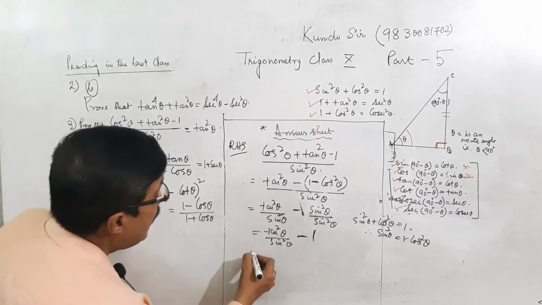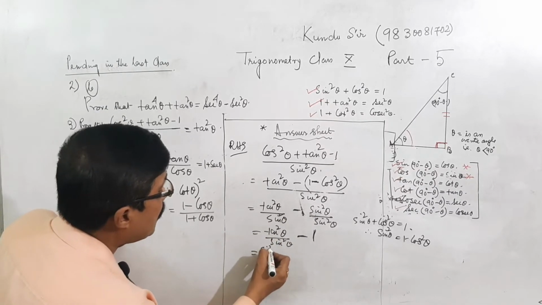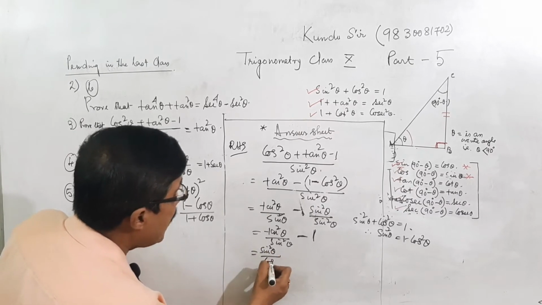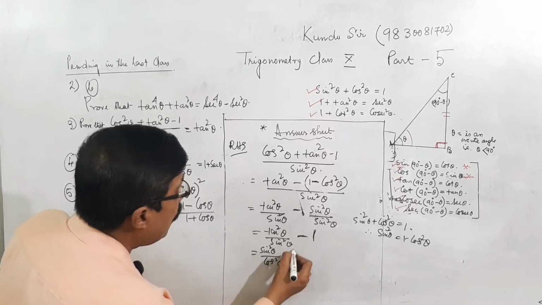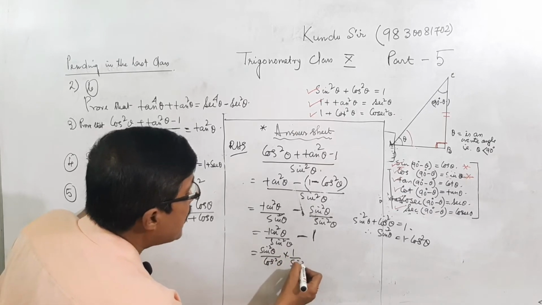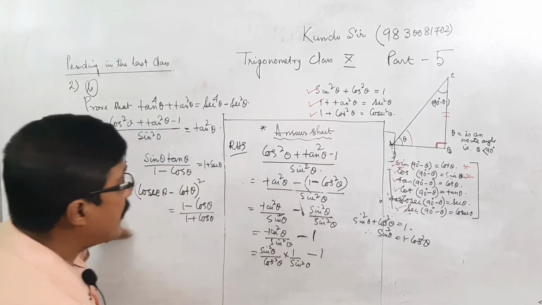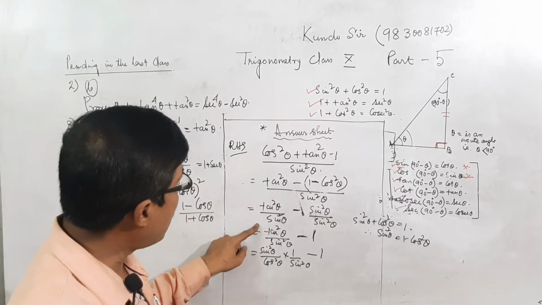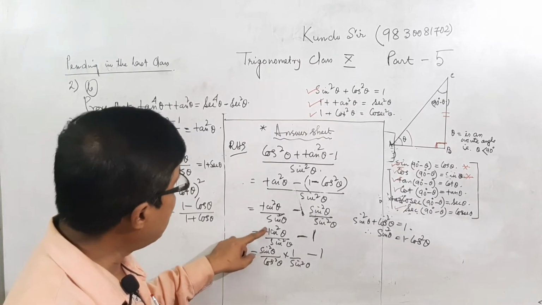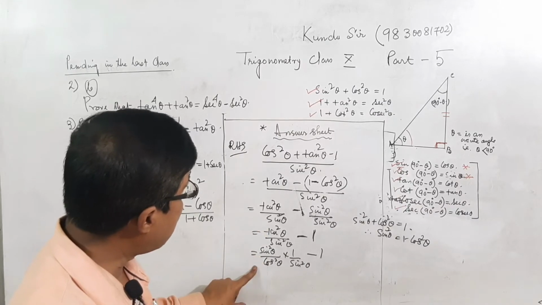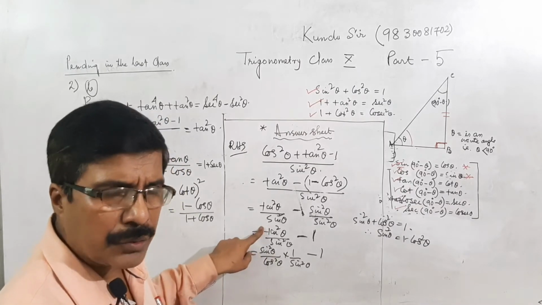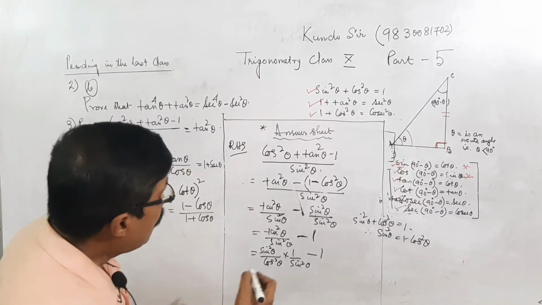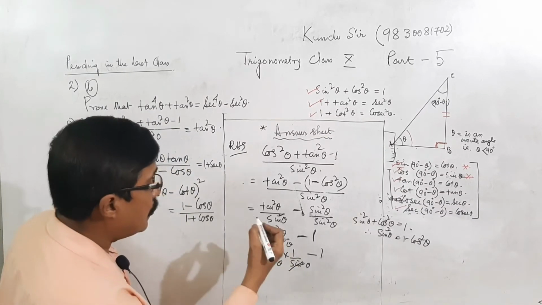Now it is sin square theta by cos square theta into 1 by sin square theta, equal to 1. We are splitting into basic ratios: tan theta equals sin theta by cos theta, so tan square theta equals sin square theta by cos square theta. We are cancelling 1 by this, equal to this.